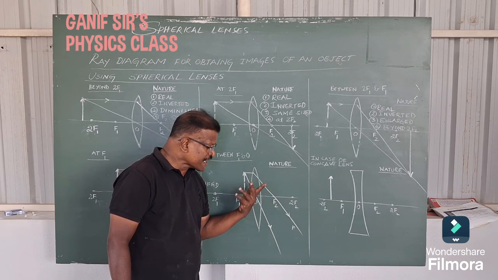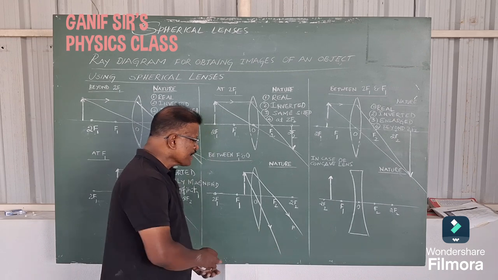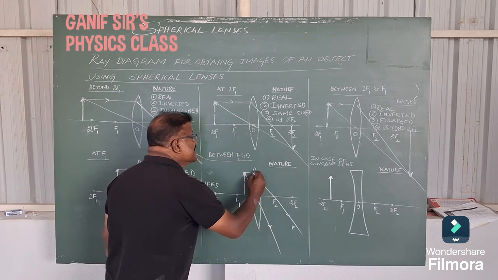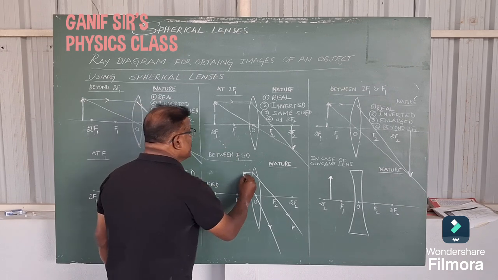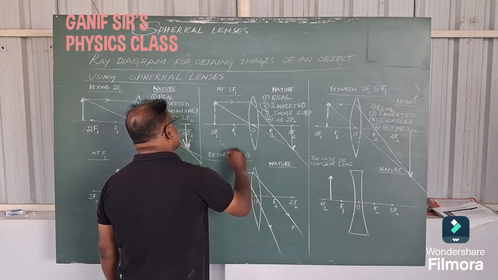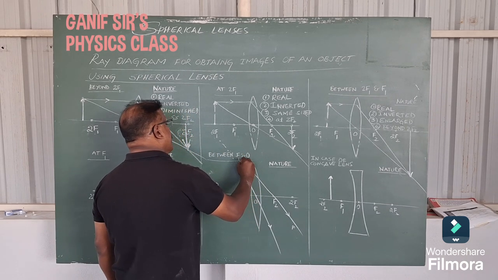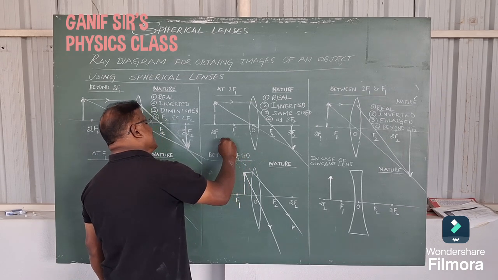Of course, a real image cannot be formed, but these two rays appear to have come from somewhere at this point.